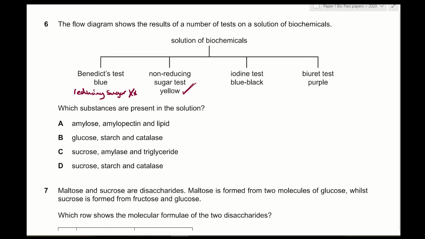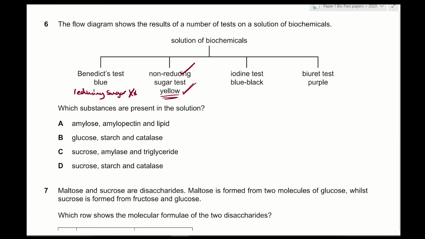Now, how is a non-reducing sugar test different to a normal Benedict's reducing sugar test? First of all, in a non-reducing sugar situation, we have to add hydrochloric acid in order to hydrolyze the glycosidic bond of the disaccharide. That's the only difference. Because here we have seen a color change, this means that it is a positive test for non-reducing sugars.